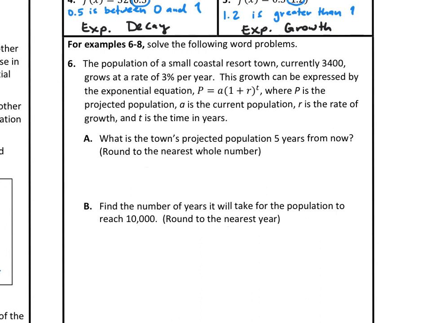The growth can be expressed by the exponential equation the following, where P is the projected population, A is the current population, R is the rate of growth, and T is the time in years. Okay. And the question is, what is the town's projected population 5 years from now? Round to the nearest whole number.